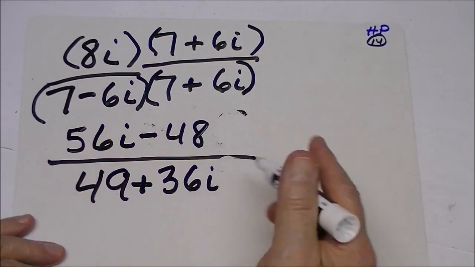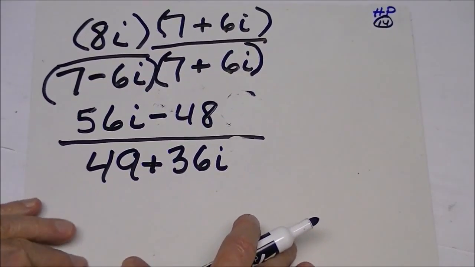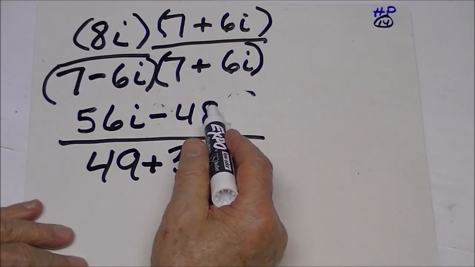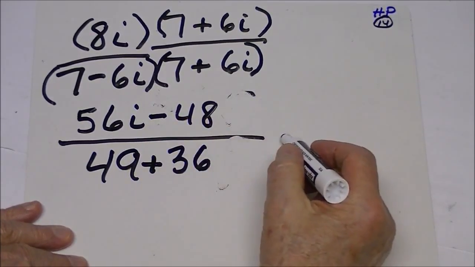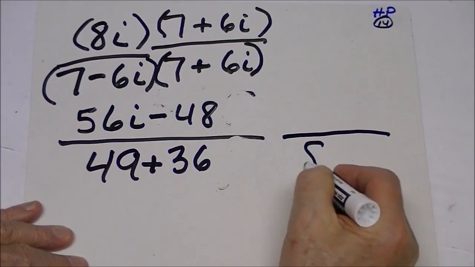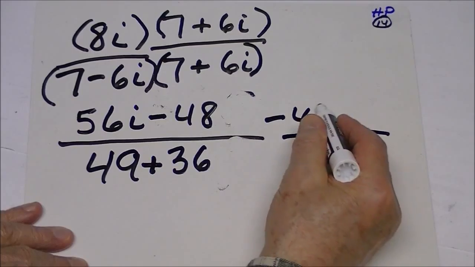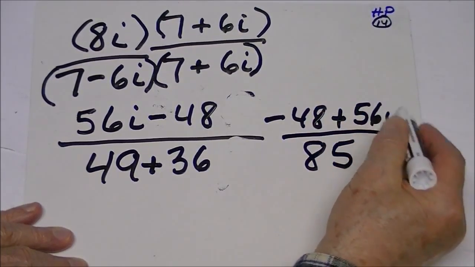So we need to put our answer in standard form. So let's go down here. So our real number, once we finish this, by the way, is going to be 85. And this is a negative 48 plus 56i.